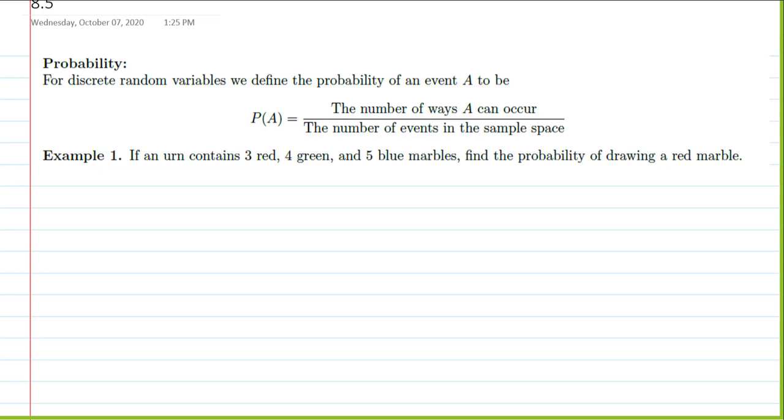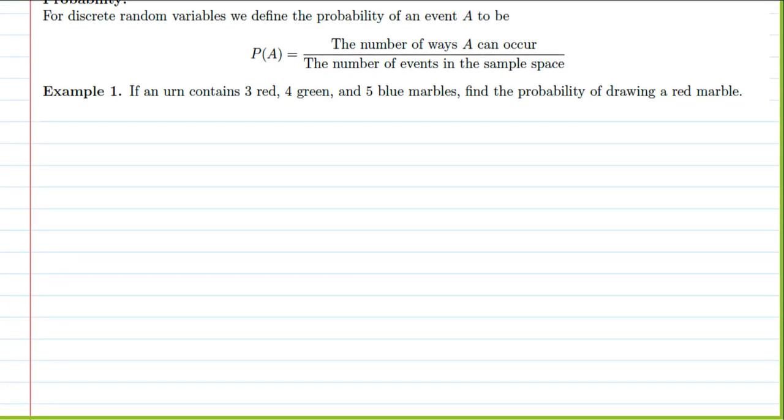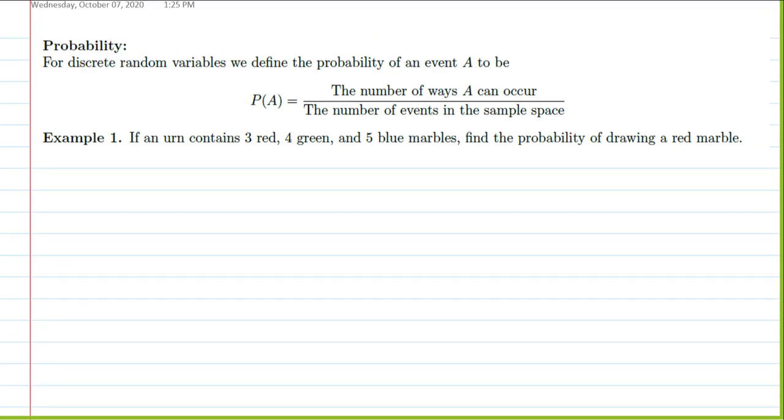So in example 1, we have: if an urn contains 3 red, 4 green, and 5 blue marbles, what's the probability of drawing a red marble? Well, we can look at the number of ways that we can draw a red marble. So since there are 3 red marbles, there's going to be 3 ways to draw a red.